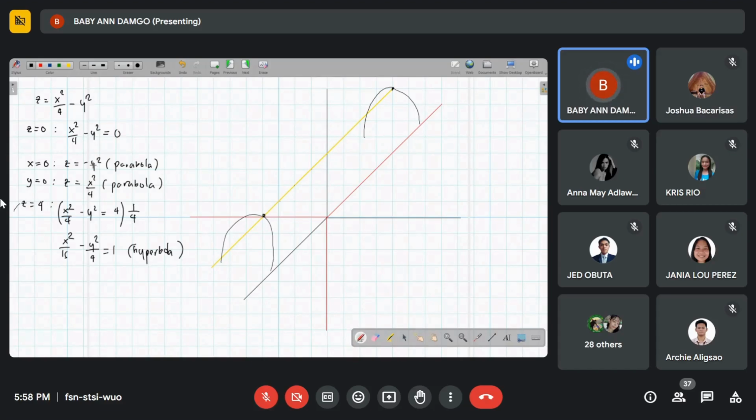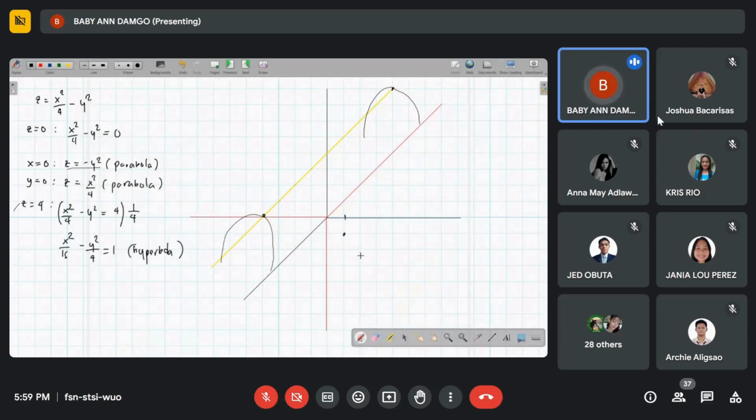For kani, we have z is equal to negative y squared. So, ato sa ni siyang i-graph ha, when x is 0. So, when y is 1, z is negative 1. So, dara is point. When y is 2, so we have a negative 4 for z.